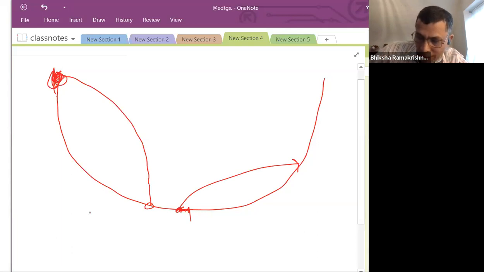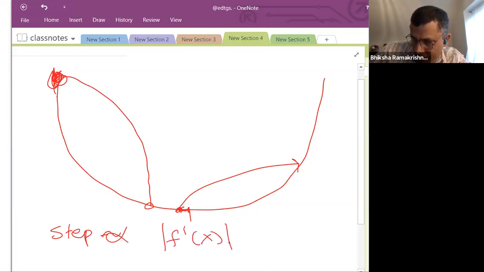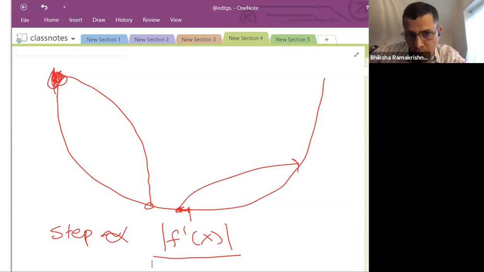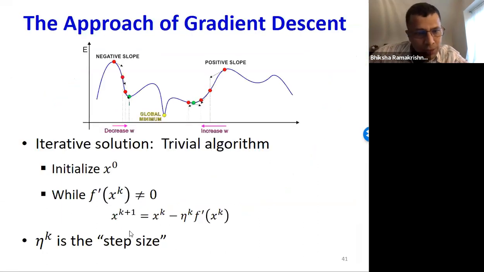And so you want the step size to be somehow proportional to the magnitude of the derivative. Because for nice functions of this kind, when this is steep, you're far away, you want to take a big step. When it's shallow, you're close to the minimum, you want to take a small step, you want to walk very carefully. And so this update rule has this very nice property.